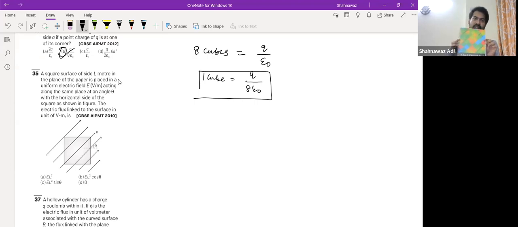what is the direction of the surface area vector? For this plane, what is the direction of the surface area vector? Rabia, forgotten?